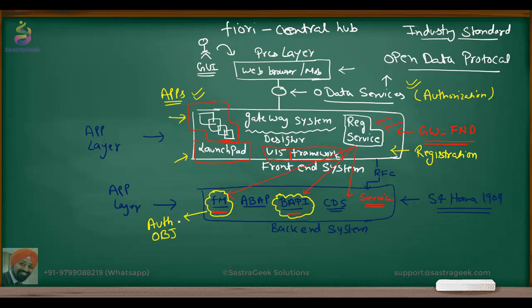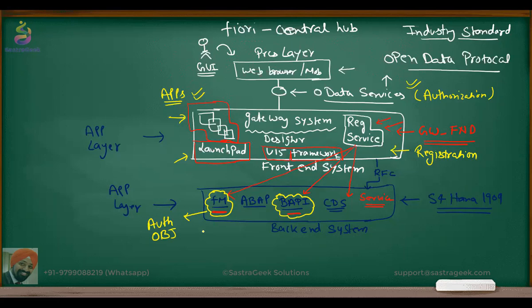So if a user has been given access to the application, let's say create sales order, but doesn't have access to create a sales order in the backend system, because the functional modules and BAPIs are the same, what would happen? The system will not allow it.